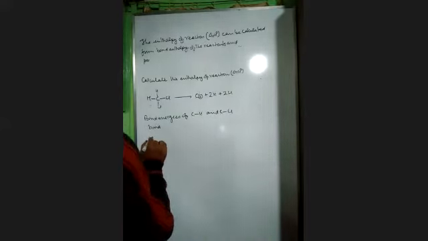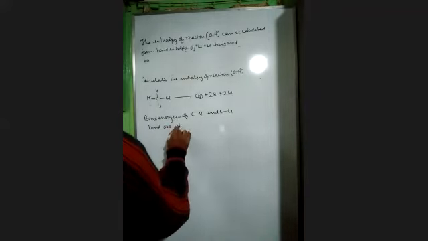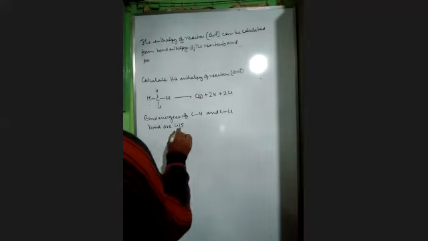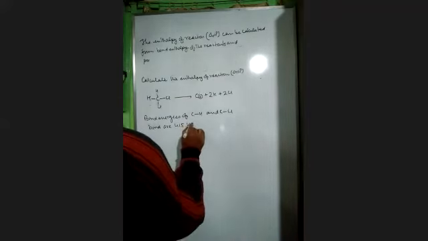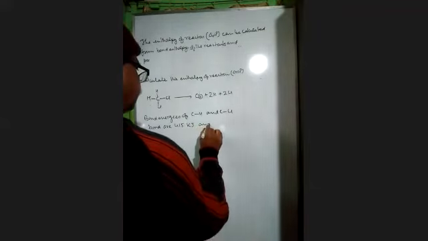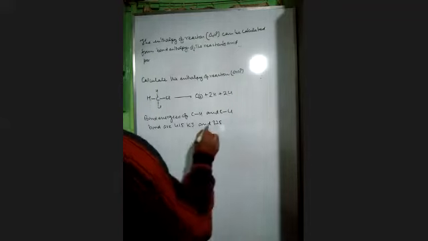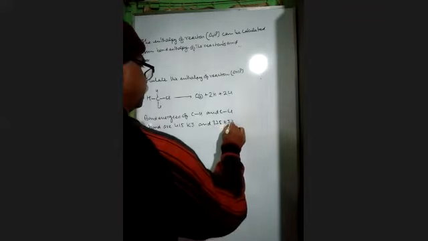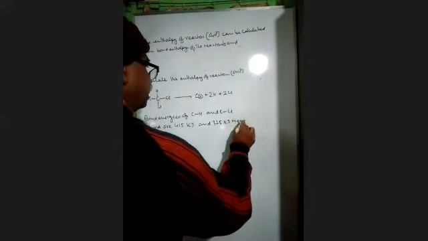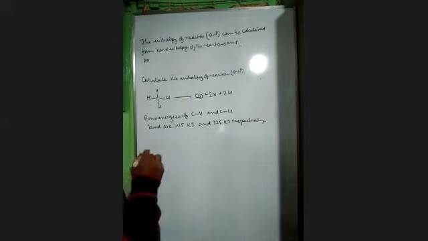Bond energies are 415 kilojoule and 325 kilojoule respectively. Okay.